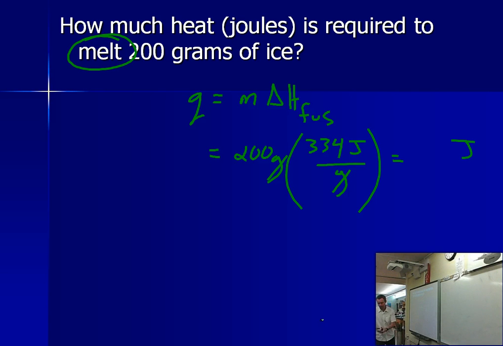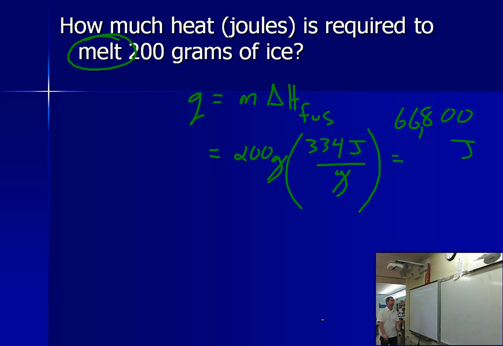So I can double 334, right? That is 668, and then I just tack on 2 zeros. So 668, and then I tack on my 2 zeros, or I just type it in my calculator, and you can see that that is 66,800 joules.